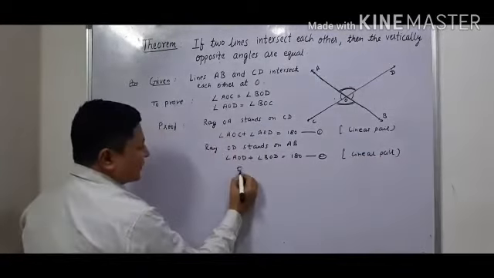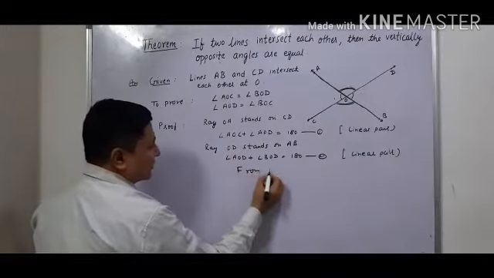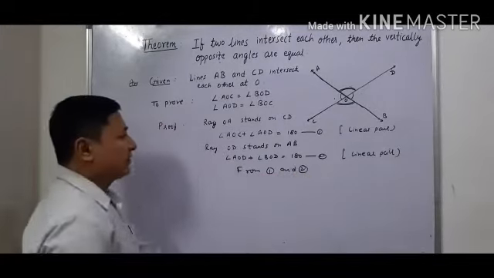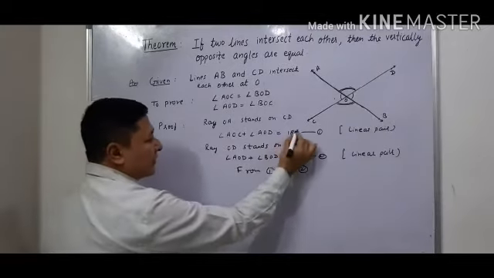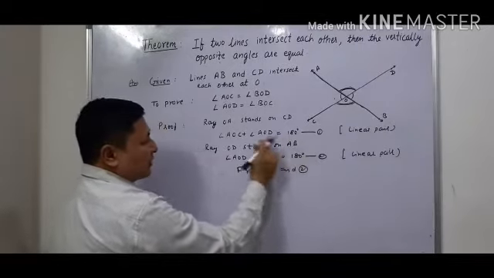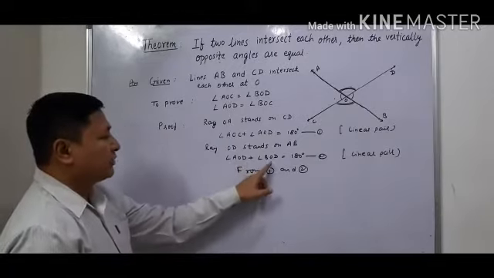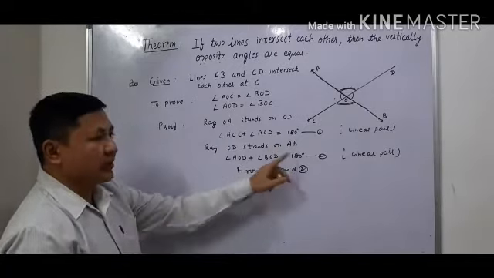Now from the first and second equations, both have the left hand side equal to 180 degrees. So angle AOC plus angle AOD and angle AOD plus angle BOD are both equal to 180 degrees.